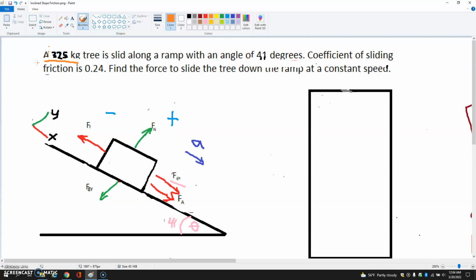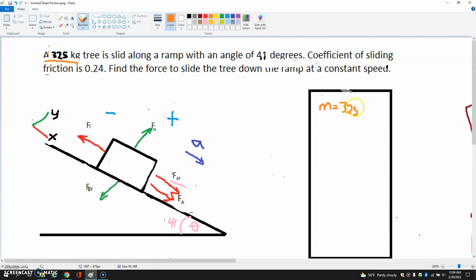So, the first given is right at the start, and that's the mass. If you see kilograms, obviously that's mass. So write down that m is equal to 325.